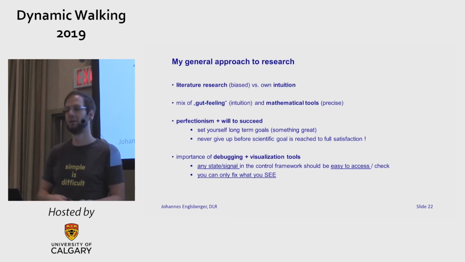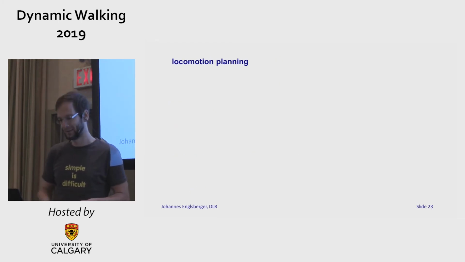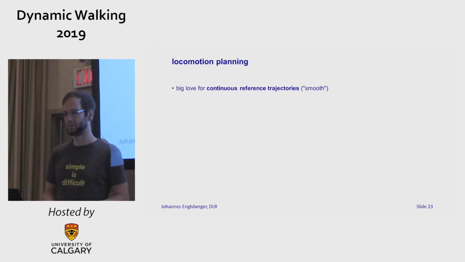If I were to see it, I'd say, oh, look at this, that's ugly. Then we fix it. This requires a lot of logging. So in my case, I use MATLAB Simulink, easy coding, debugging, whatever. With all these scopes, it's quite easy to access. Anyway, for example, in the real robot, you need a lot of logging to then check offline what actually happened.